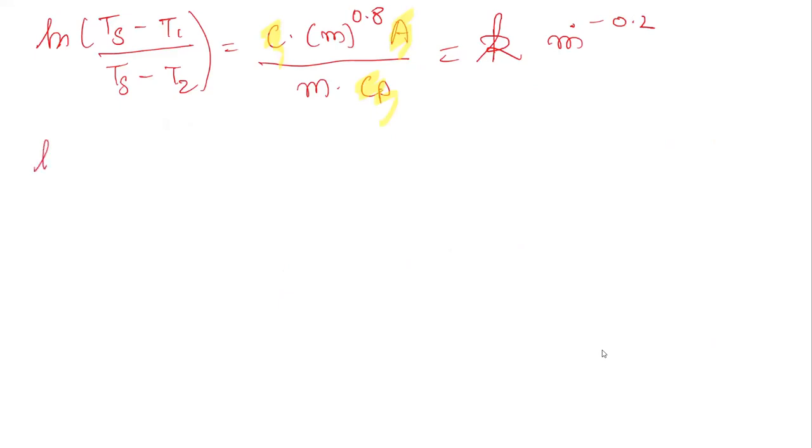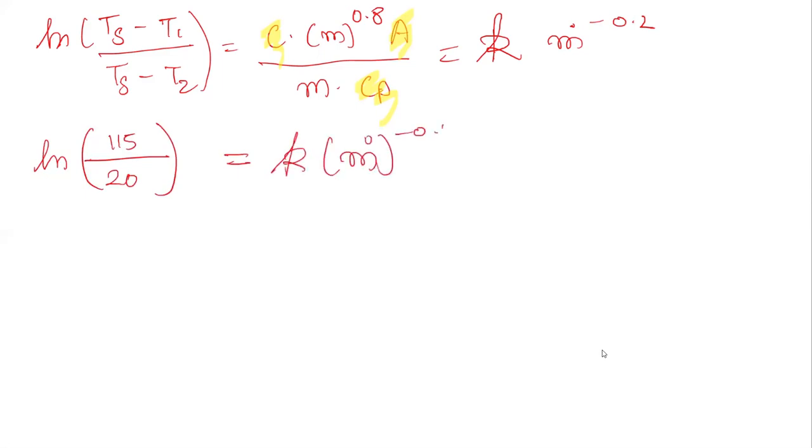So ln of Ts minus T1, 115, over Ts minus T2, 135 minus 90, 20, is equal to this K to the power M minus 0.2.